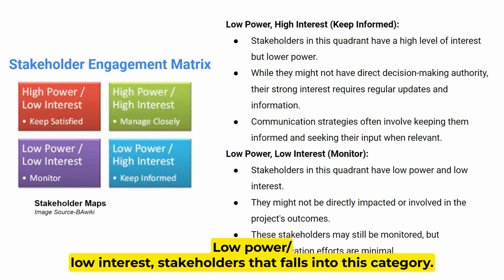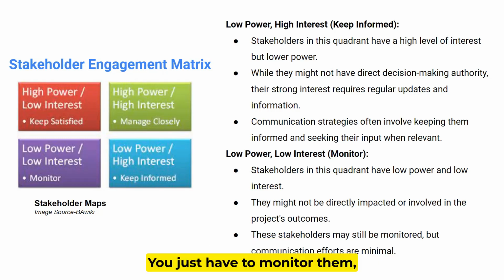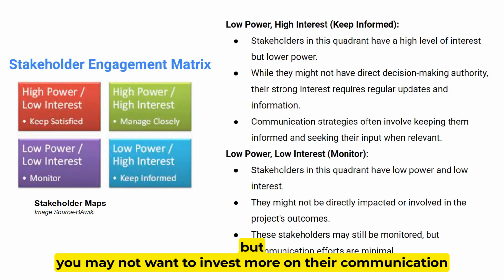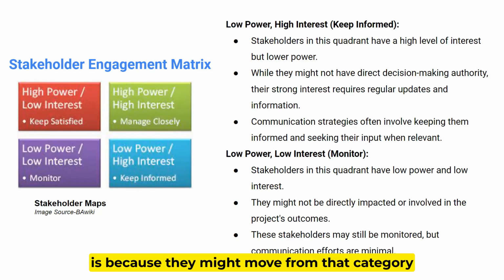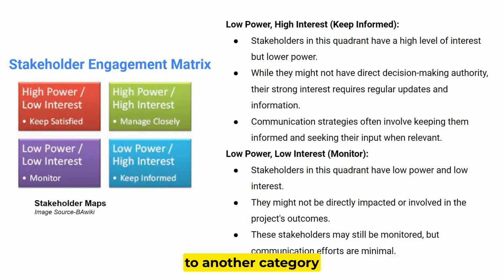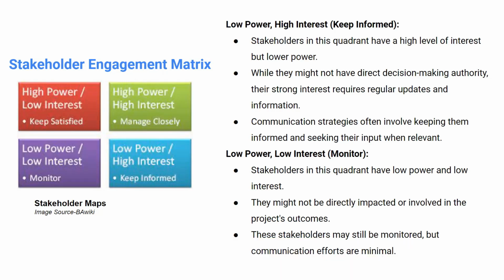Low power, low interest stakeholders fall into this category. You just have to monitor them, but you may not want to invest more in their communication efforts. The reason you need to monitor them is because they might move from that category to another category, so that once they move, you will know how to engage.